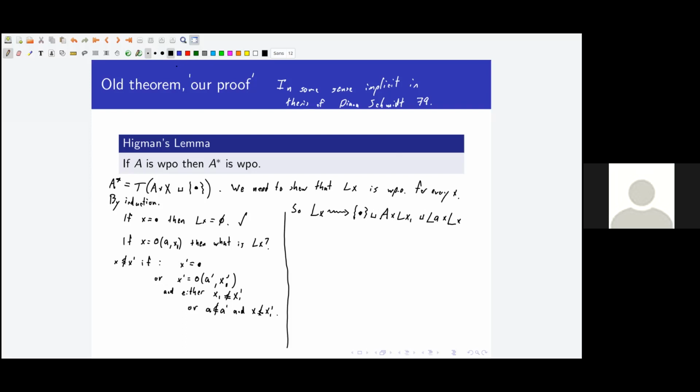So here's the weird thing. Hold on, let me highlight this. I'm mapping Lx into something bigger containing Lx and calling it progress. And here's the reason. It's that this one is actually represented by X1 prime.